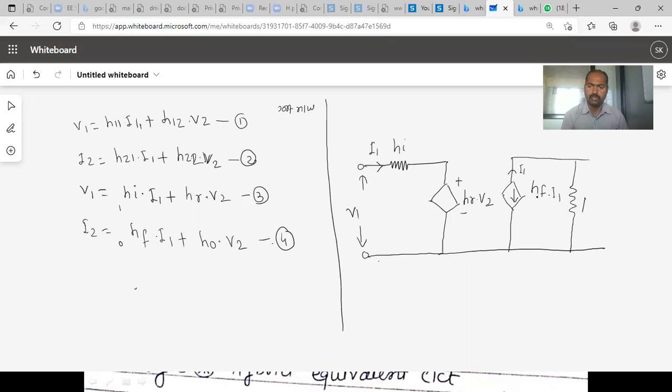This is nothing but the hybrid equivalent circuit of a transistor or two-port network.